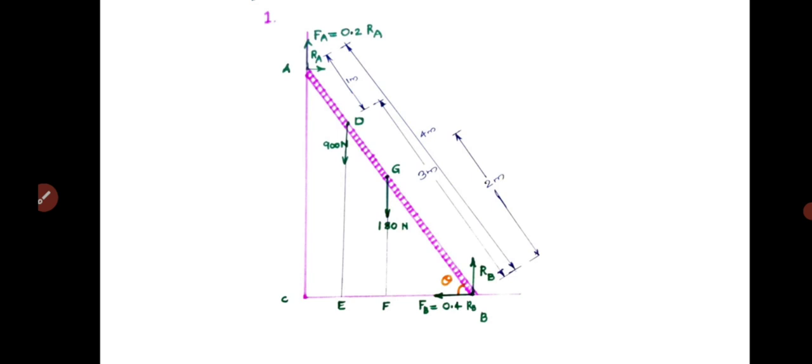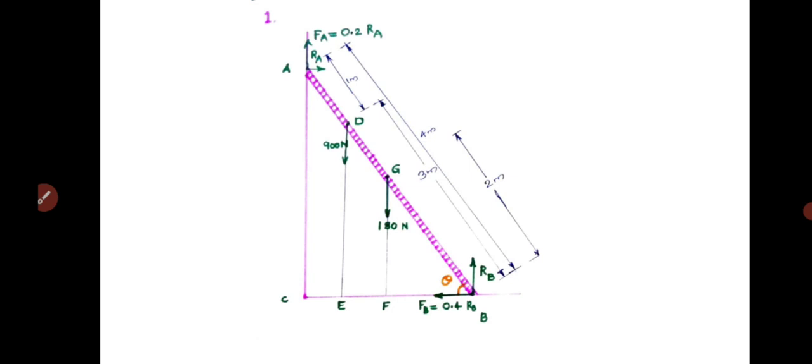That FA is acting at a distance of BC from B. And if you hold the thumb of your right hand at B, and turn your forefinger along the direction of the arrow of force FA, you can see that your forefinger will be rotating like the needle of a clock. So that means it is moving in the clockwise direction.